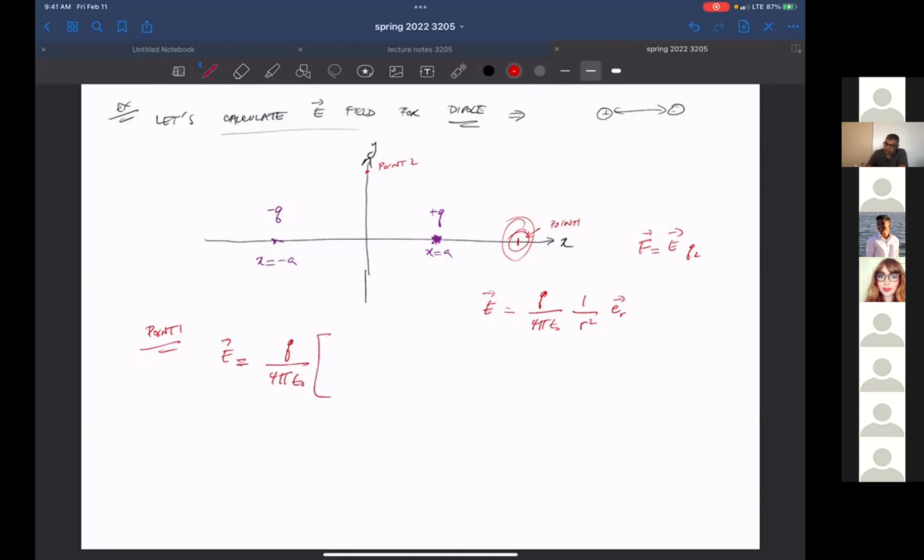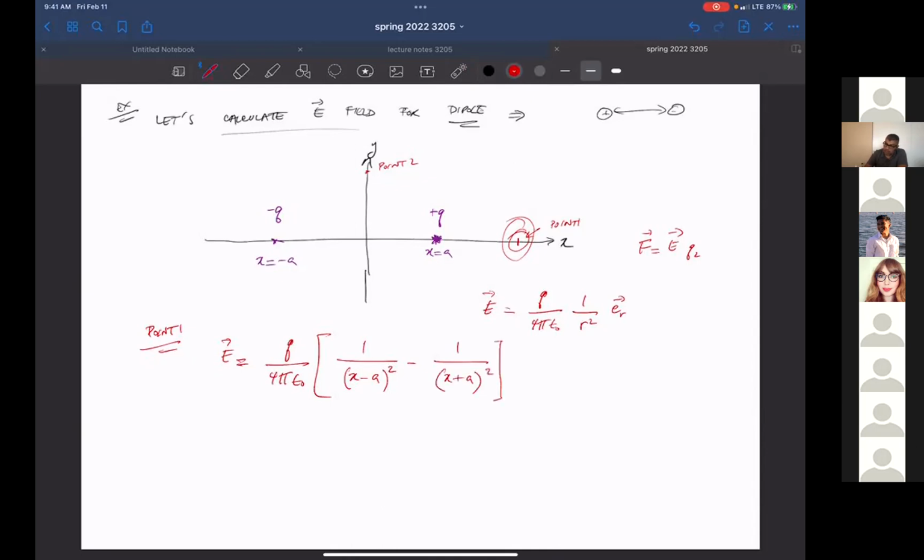Okay, remember that it's just sitting here, and because we faked it so that it's on the horizontal axis, it's only going to have components facing this way and this way. Okay, so we would have 1 over x minus a squared minus 1 over x plus a squared.